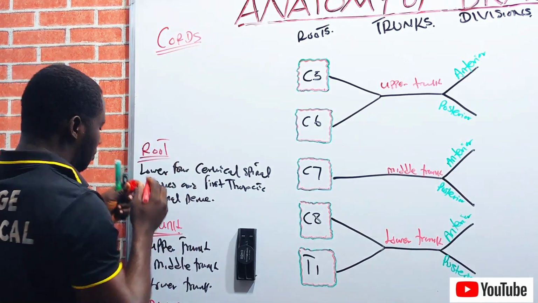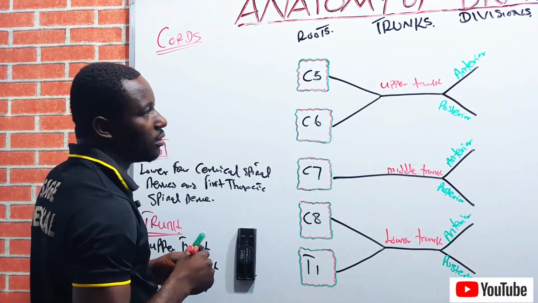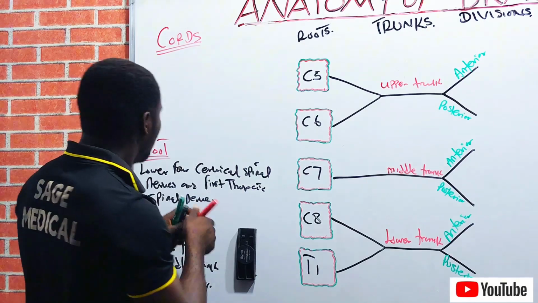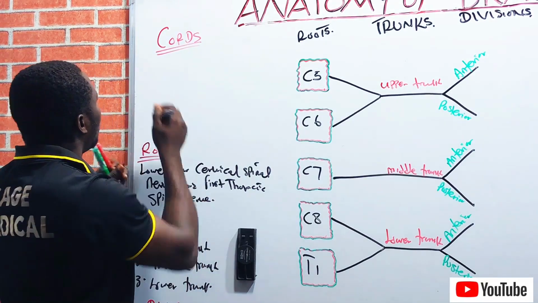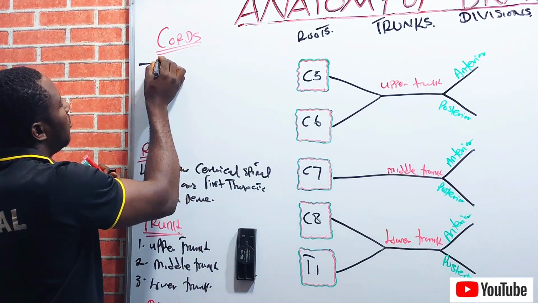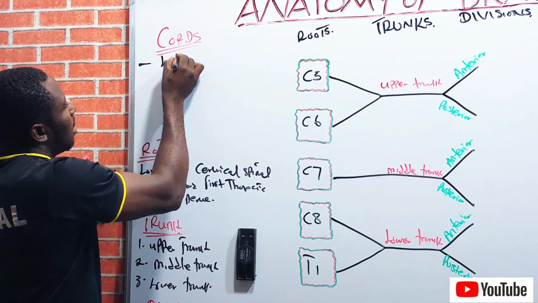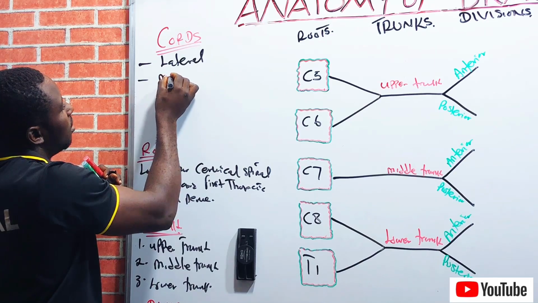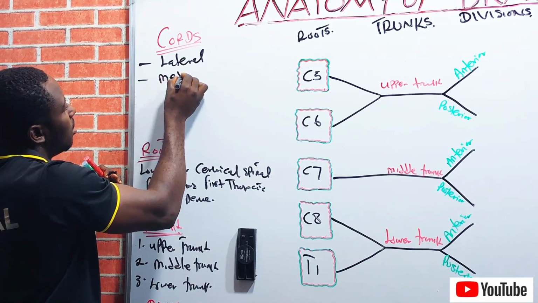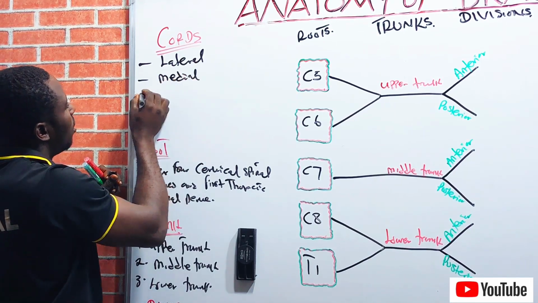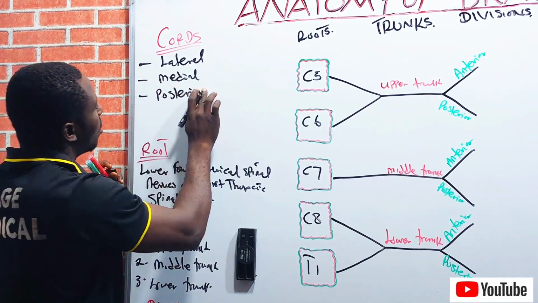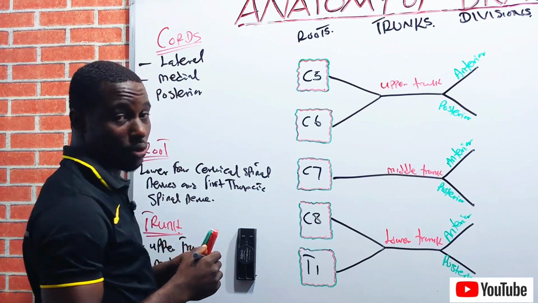The chords of the brachial plexus are divided into three parts. We have the lateral chord, the medial chord, and the posterior chord. That's how it works.